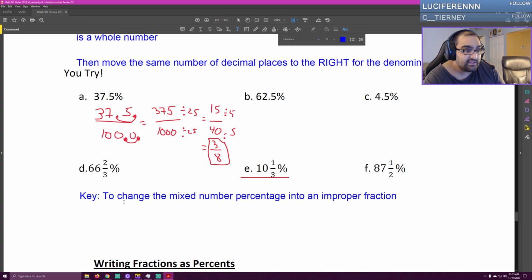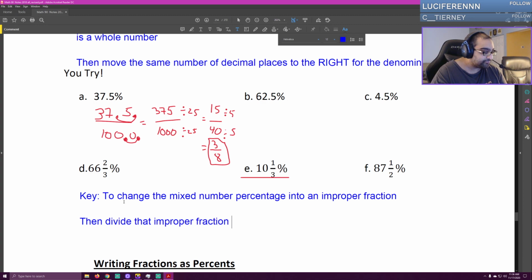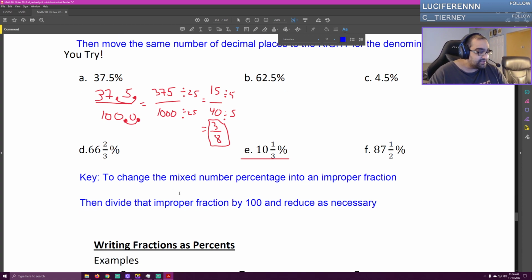Then divide that improper fraction by 100 and reduce as necessary. Okay? So that's what we have in this instance.